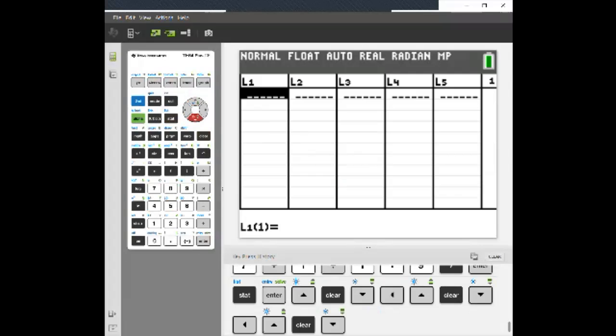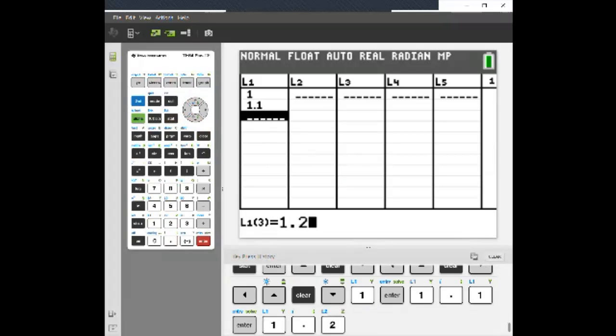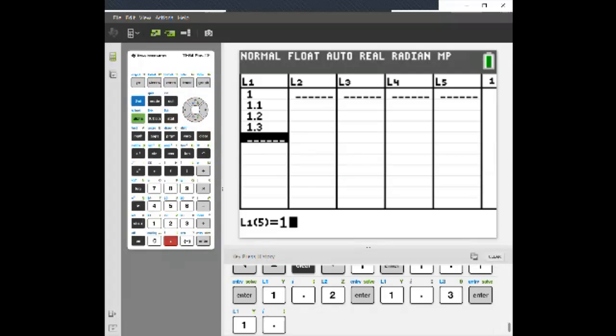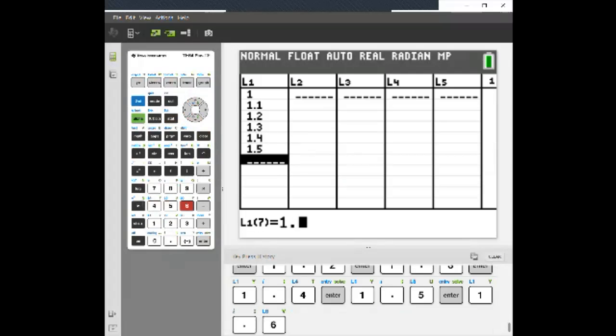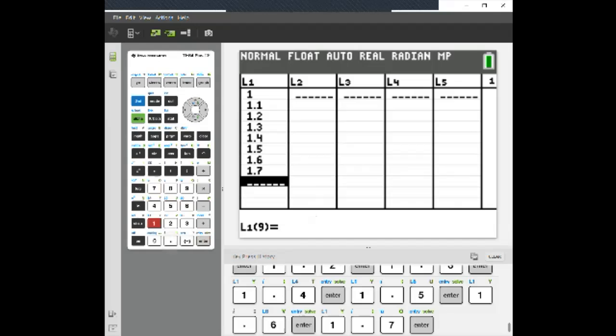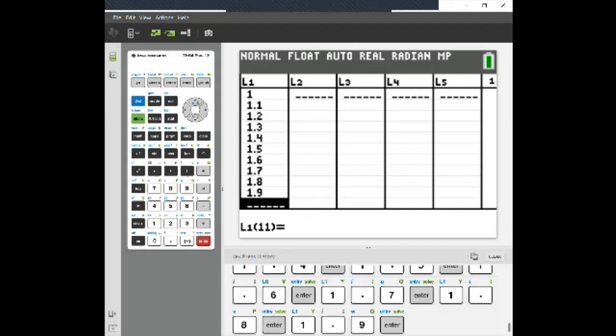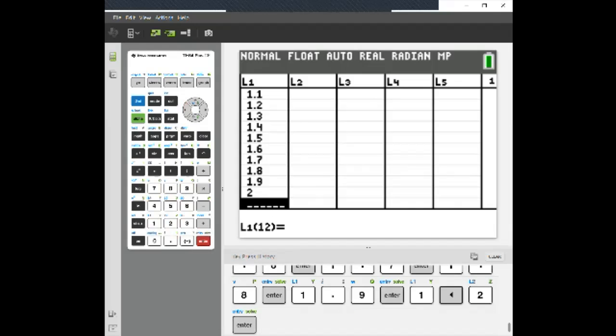If I was going to do trapezoidal and Simpson's for n equals 10, I'd put in my values from 1 to 2, counting by 1/10.